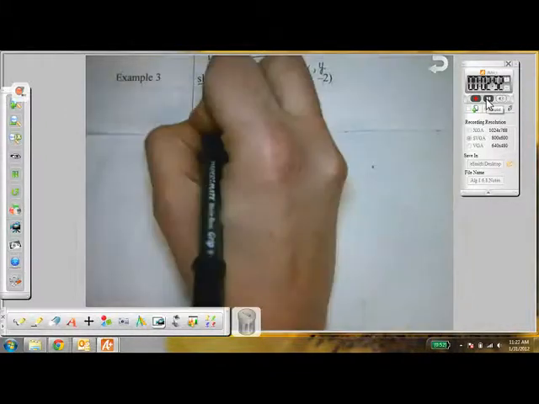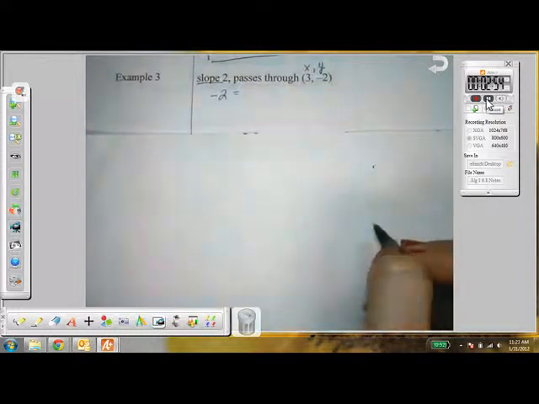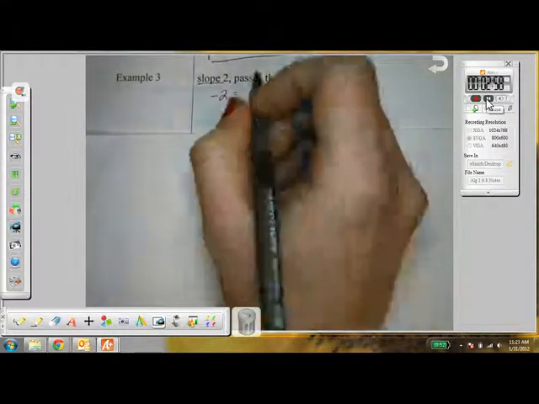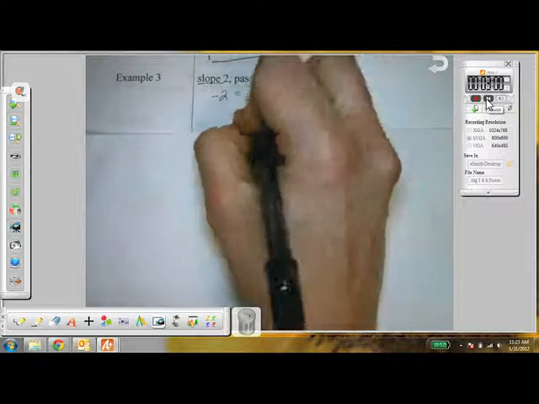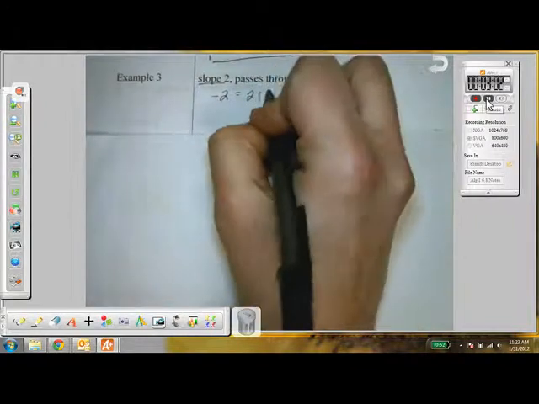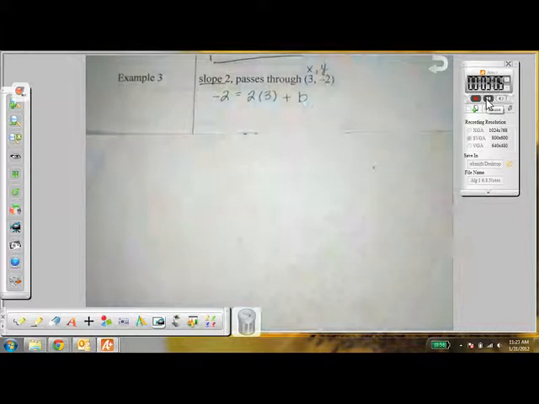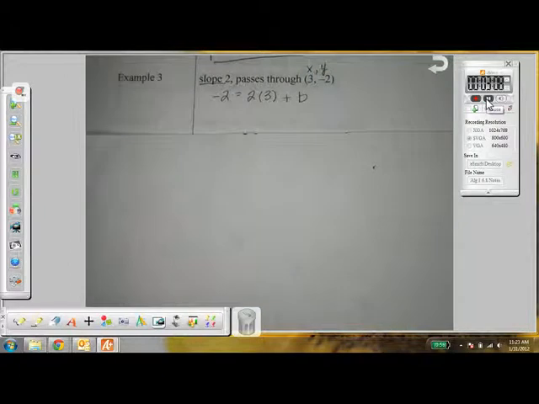That's negative 2 equals, because it's y equals, right? So y equals m. M is 2. X is 3. And do we know what the b is yet? No. So here's what we're going to do. We are going to solve for b and then plug b back in to put it into the formula. Okay?